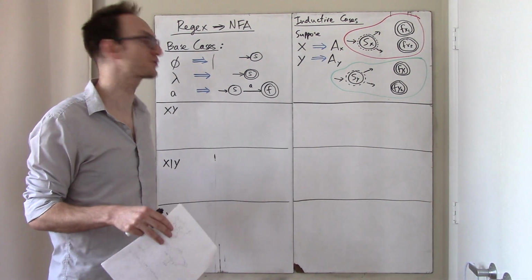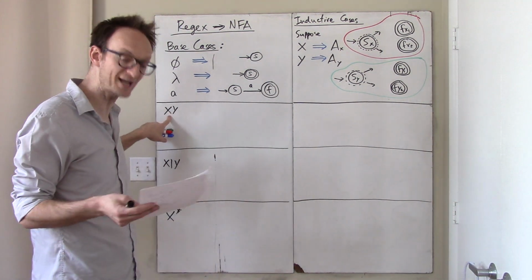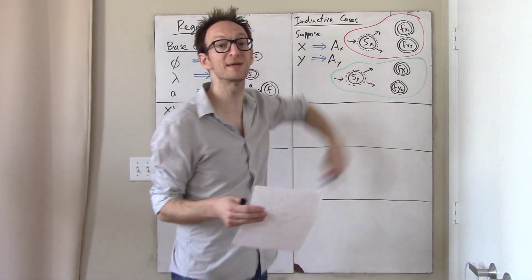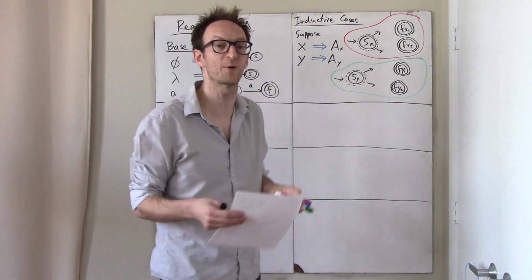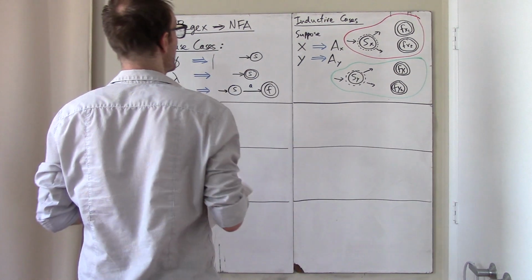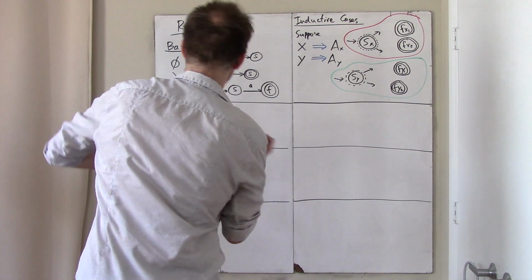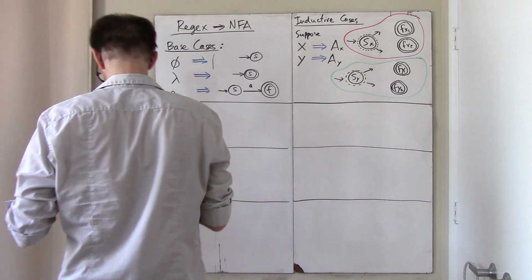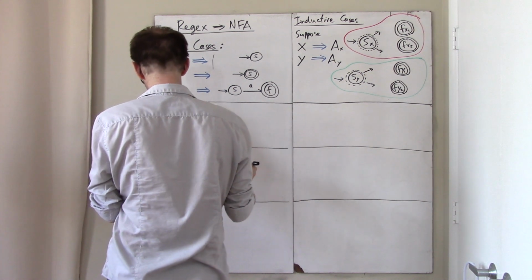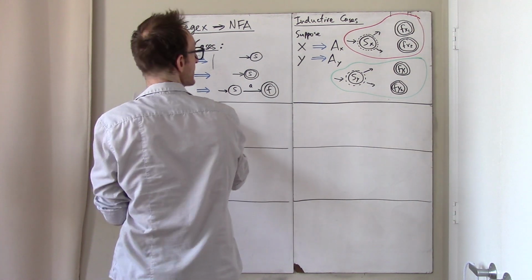In order to be a string that gets through the xy machine, you need to first make it through the Ax machine, and then immediately followed by that, you need to make it through the Ay machine. Okay, so the algorithm by picture here. What are we going to do? It's a little bit complicated, but I have the Ax machine, and it looks like this.